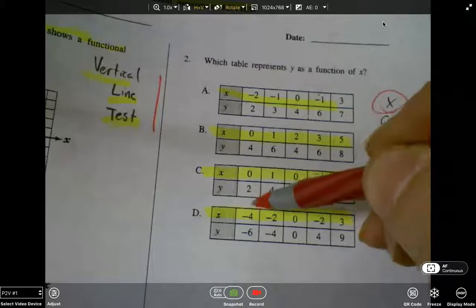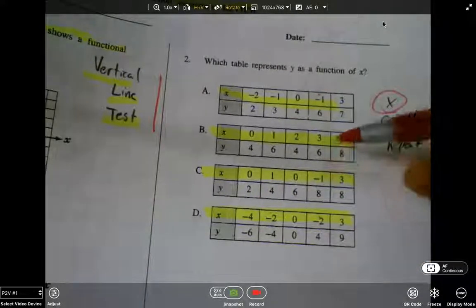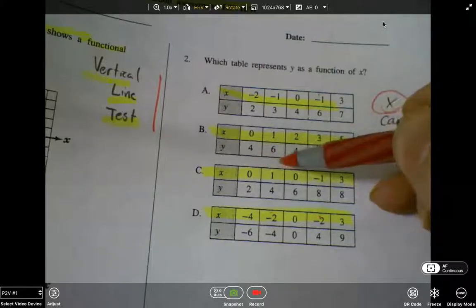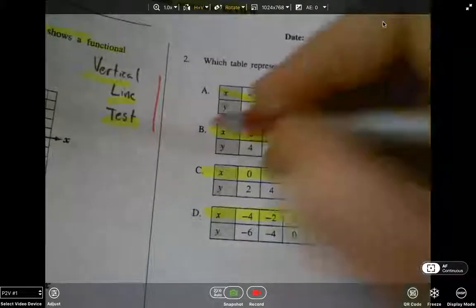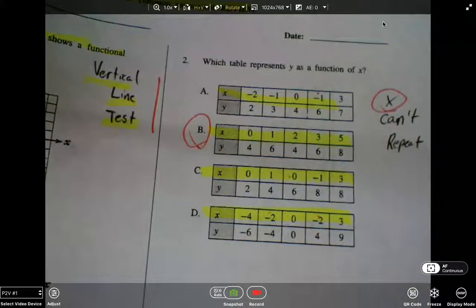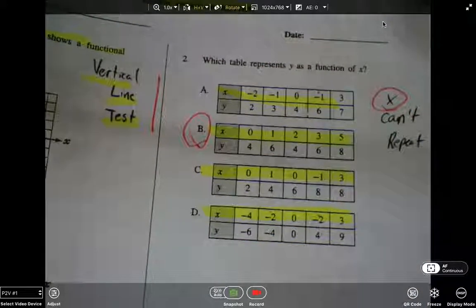In D, the -2s repeat. And C, it looks like the zeros repeat. But in B, 0, 1, 2, 3, 5, nothing repeats. So therefore, B is your only function.